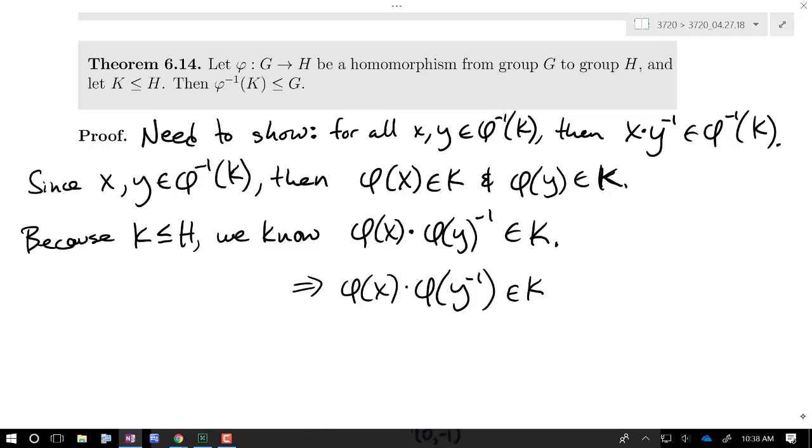Can anybody see where we might go next? Guesses are fine. Using the fact that phi is a homomorphism, what does that allow me to do with this expression?